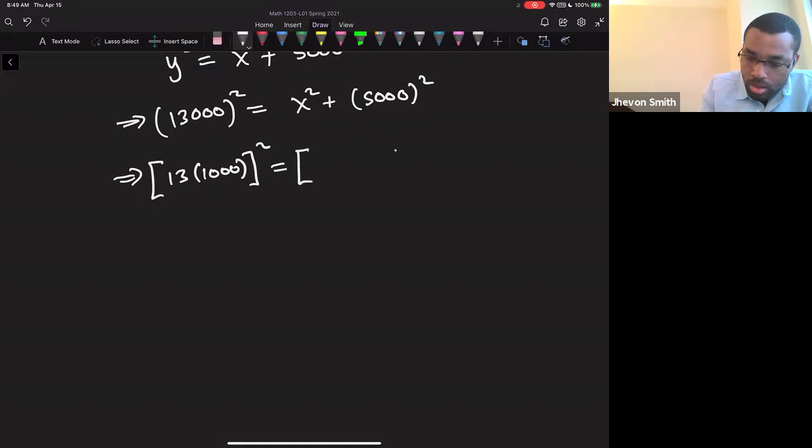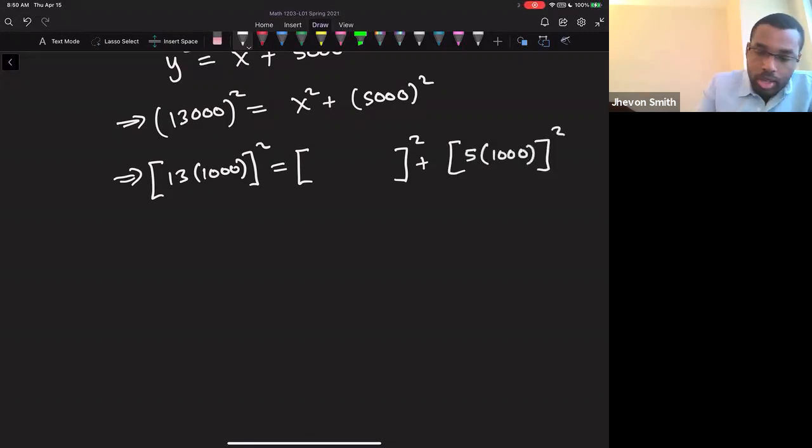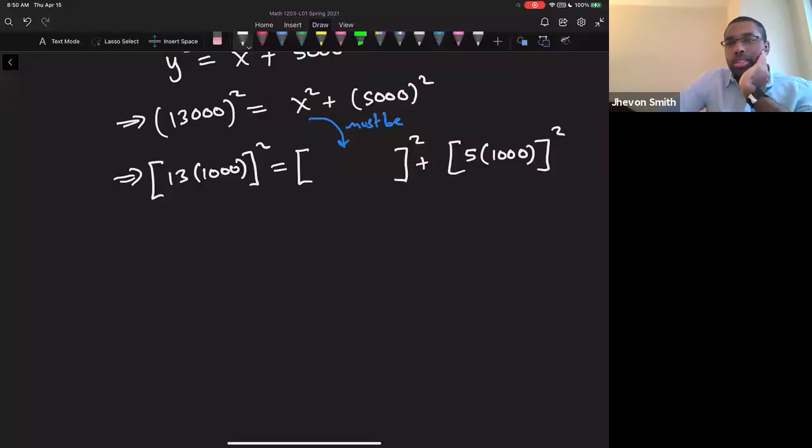So your 5,000 is 5 times 1,000. So what must your x be? This is another one of those special triangles, actually. Those special Pythagorean triples. Hypotenuse is 13, one leg is 5. What must the other leg be?